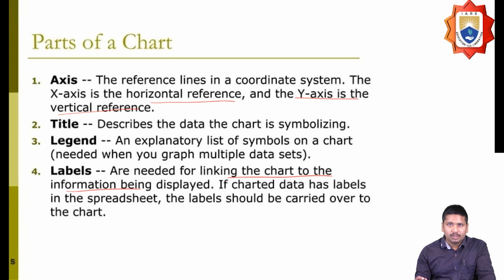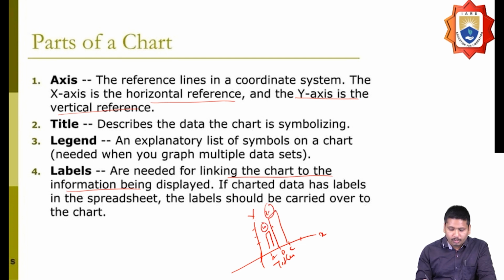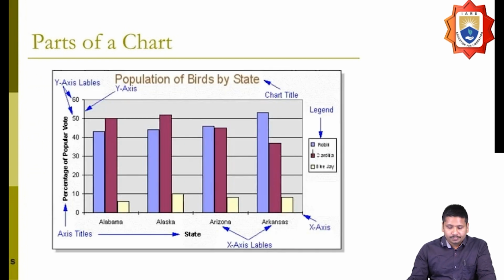If the charted data has labels in the spreadsheet, then the labels should be carried over to the chart. So the main things to take note of here are the x-axis and y-axis, the title of the chart, the legend, and then the labels of the particular parameters, and the legend values, let it be 10, 20. These are called the legends, the symbols of the charts.